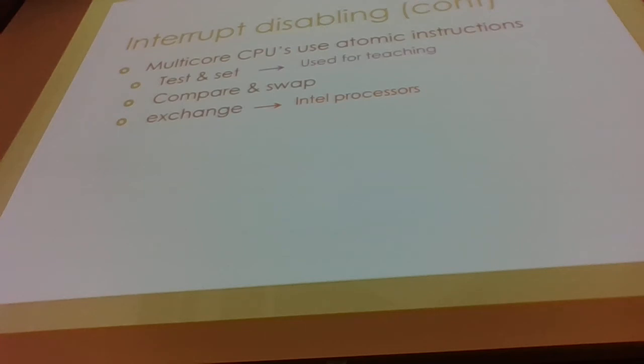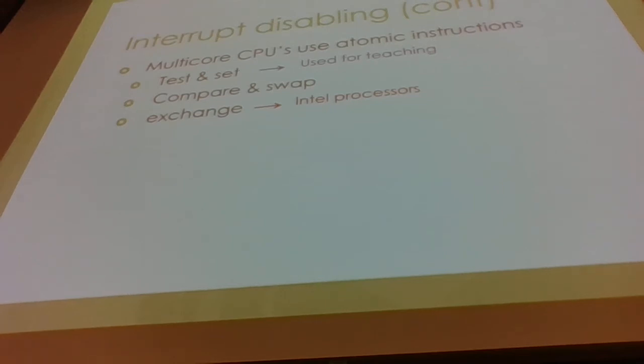You cannot execute anything you want in that critical section because you might execute an infinite while loop and it will cause problems to your operating system. So these are the 3 things that you can do: test and set, compare and swap, and exchange. You can call them atomic APIs. Not really APIs, these are functions, but these are atomic functions. So you can only do these three things.